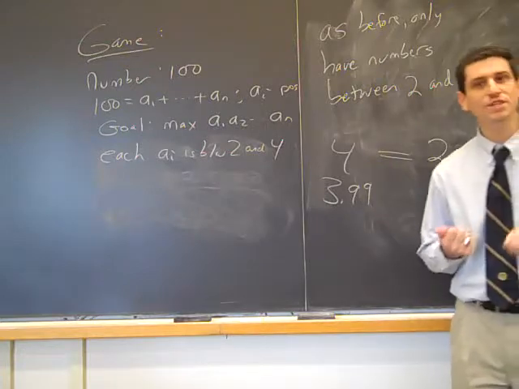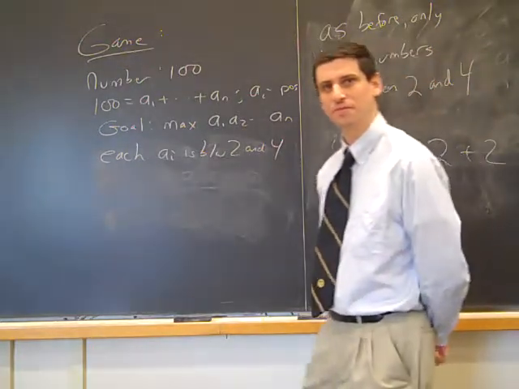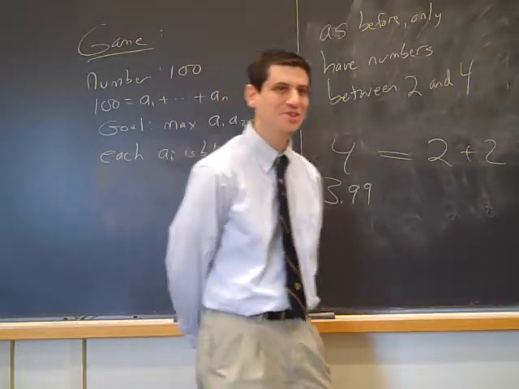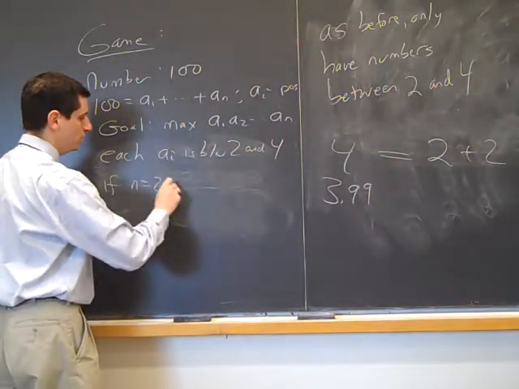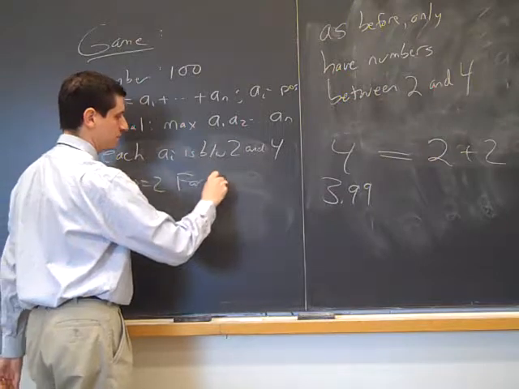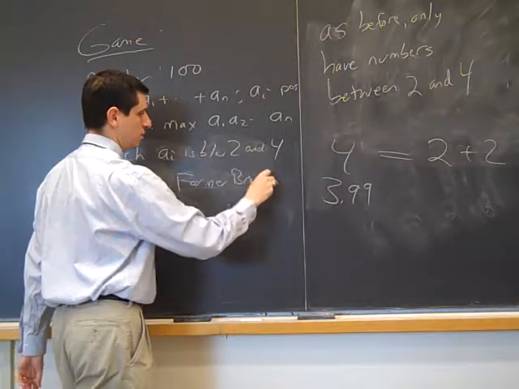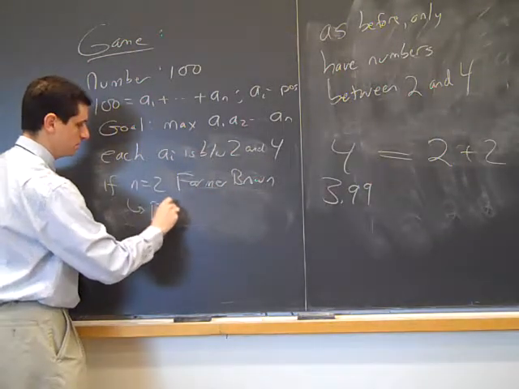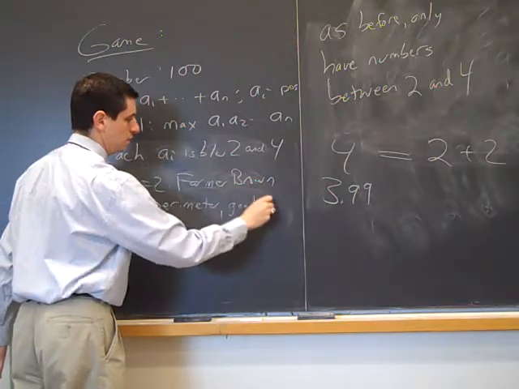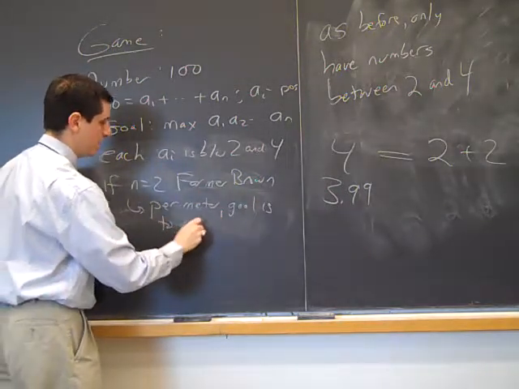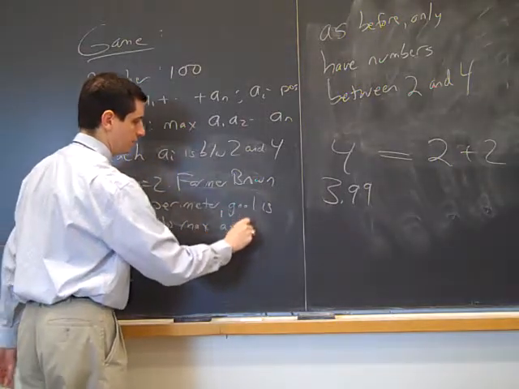Where have we seen this before? Farmer Brown. This is the Farmer Brown problem. If n equals 2, it's the Farmer Brown problem. You have a perimeter, and the goal is to maximize the area.